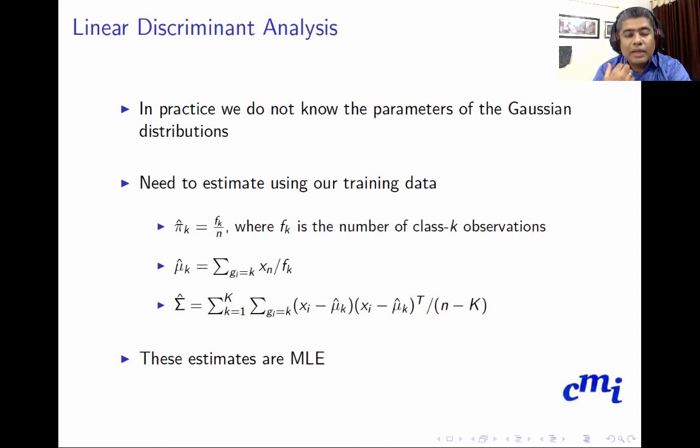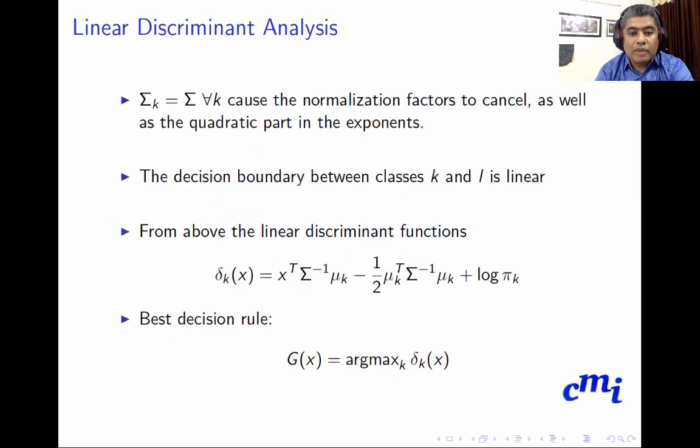Since we have a closed form solution, even if you have very big data, it will still give you the solution very fast, because all you have to do is estimate pi k, mu k and the covariance matrix, then invert the covariance matrix, plug this into the formula, and you are done.